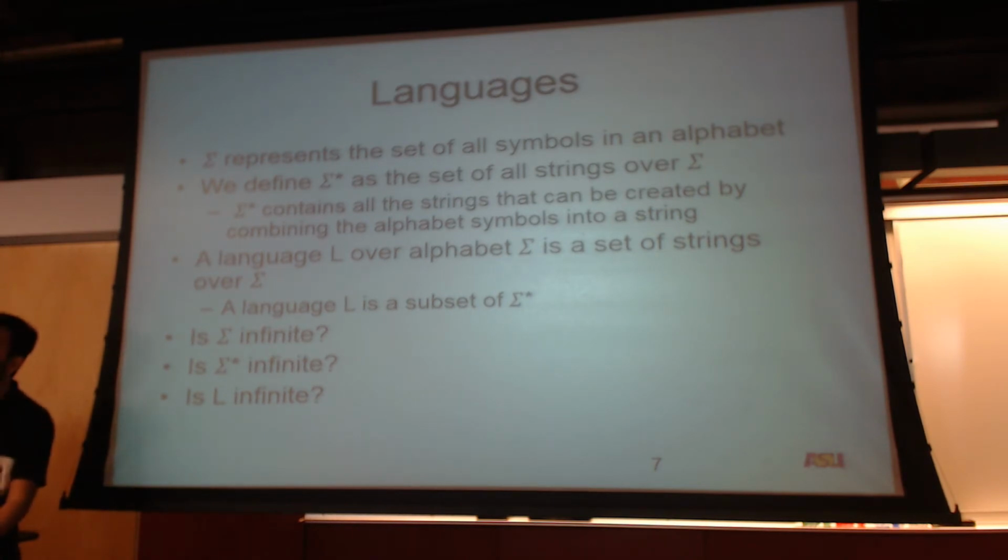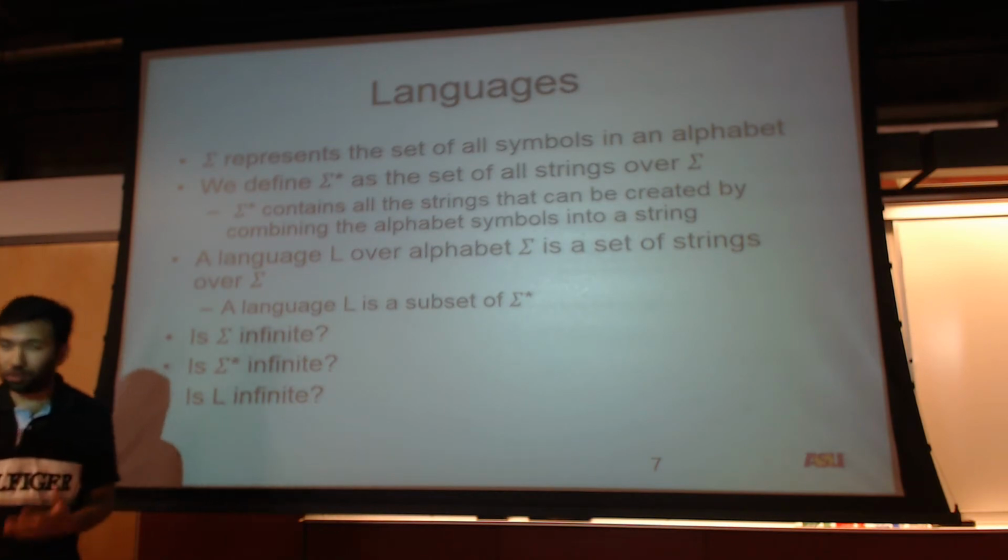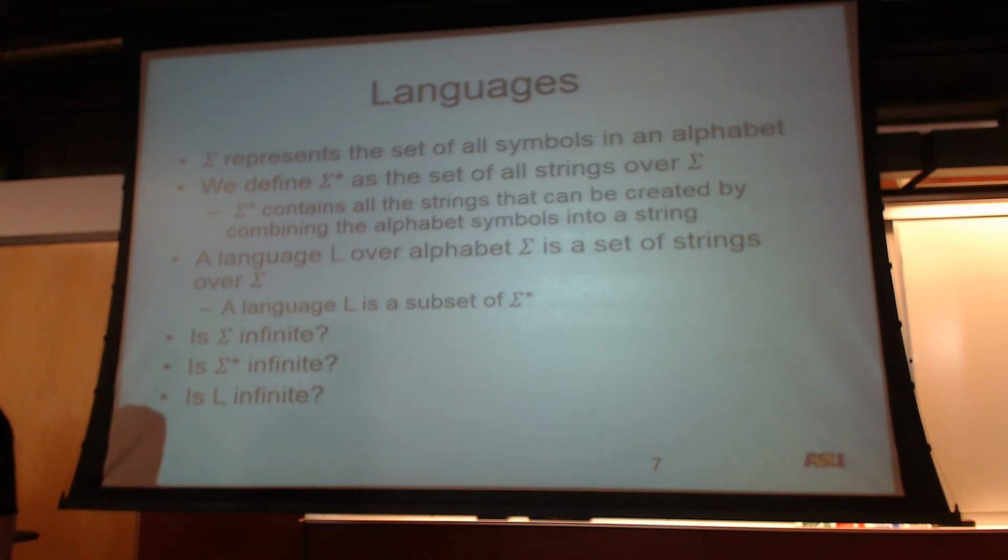So L can be infinite, even though it is a subset of sigma star. An example: if the natural numbers are my sigma star, the set of all natural numbers, L can be the set of all even numbers, right? That is my language.